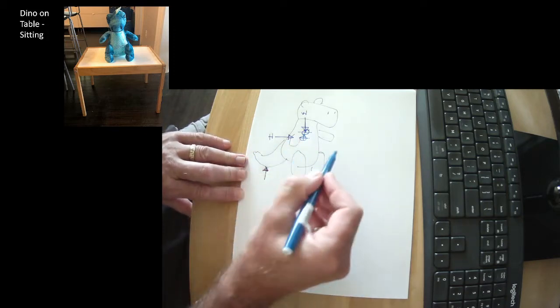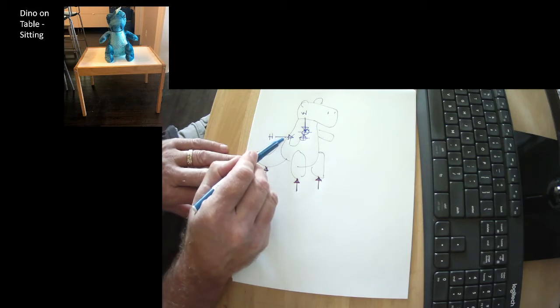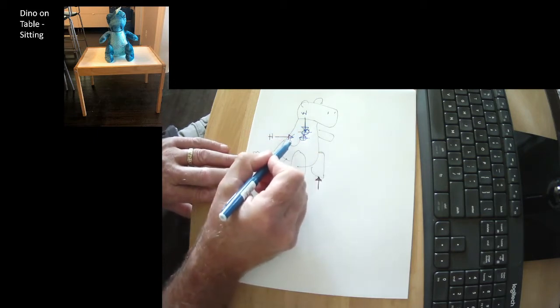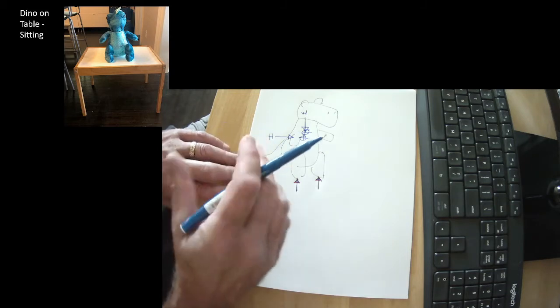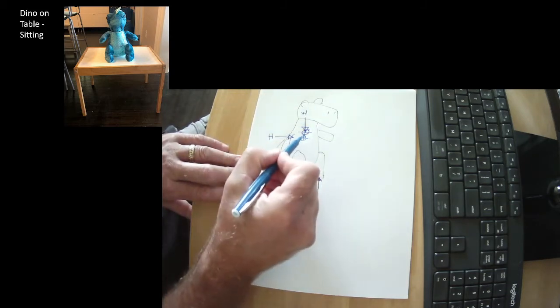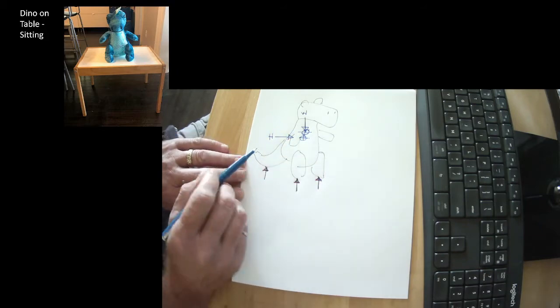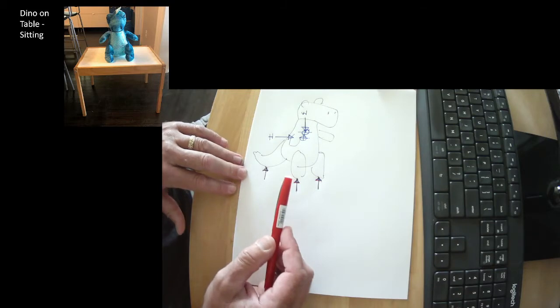The center of the projected area, which is where the wind load is applied, is not necessarily the center of mass. So I've got 2 different centroids: the center of mass of Dino for his weight, and the center of the projected area, which is where the wind is applied.